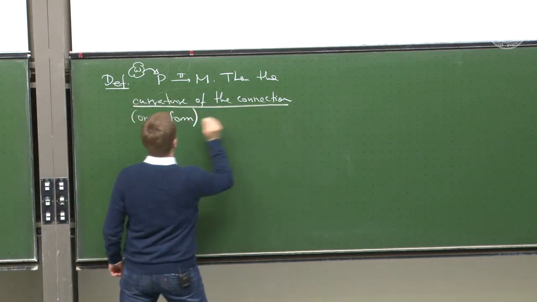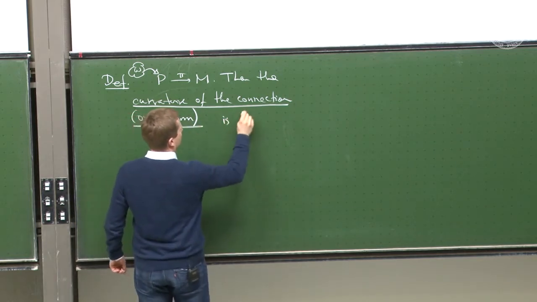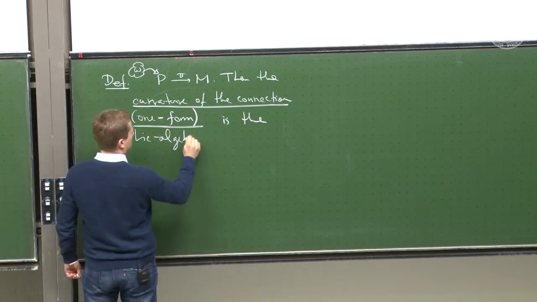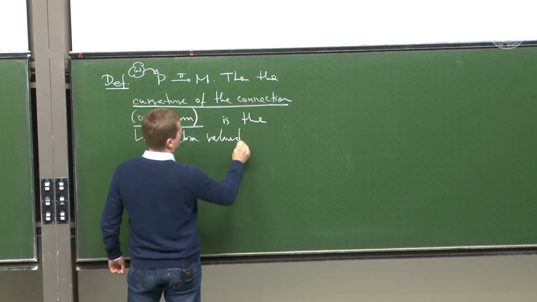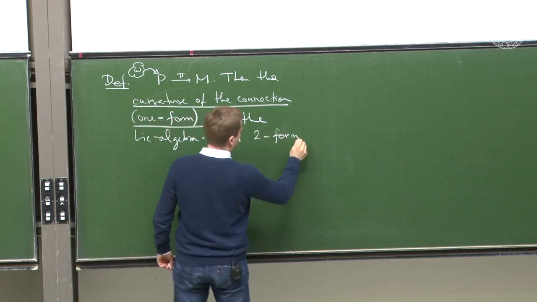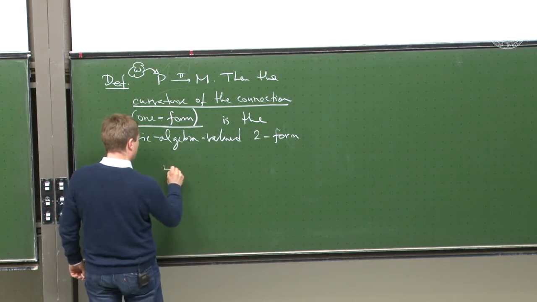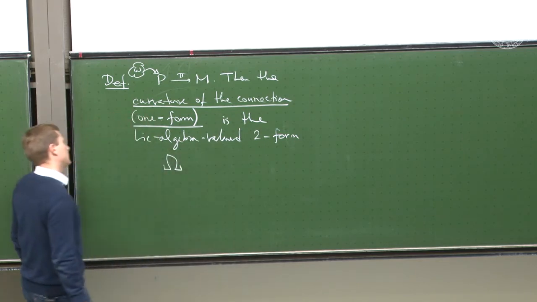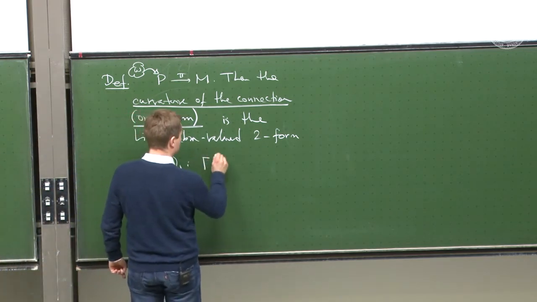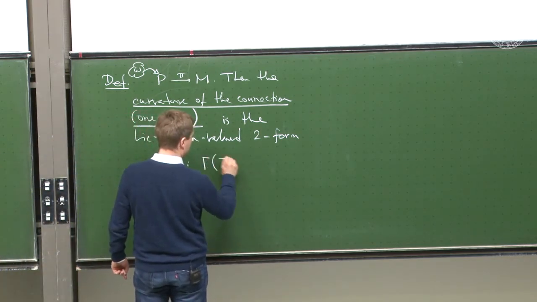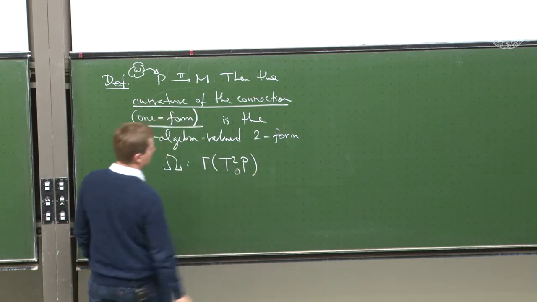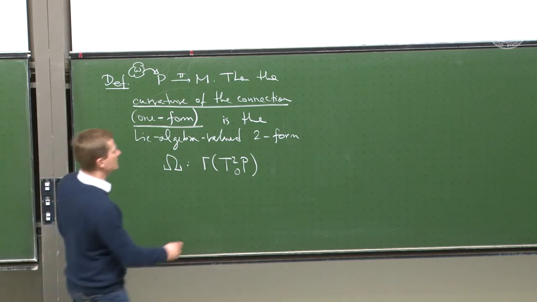So the curvature of the connection one form is the Lie algebra valued two form that goes by the name capital omega. Well, it eats two vectors on the principal bundle. So it's a two form on P.